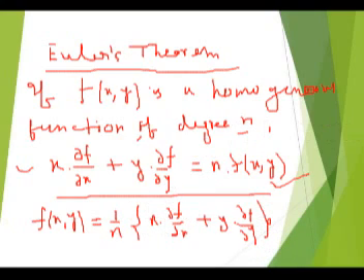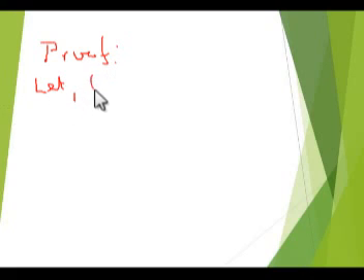Now I will prove this Euler's theorem. It is very simple. Just look. We are given that f(x, y) is a homogeneous function. So we can let f(x, y) take either of two forms.